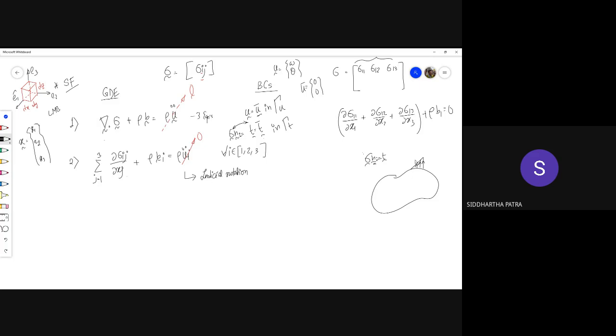It has nothing to do with coordinates inside the volume. It only depends on the coordinate on the boundary, because it is being applied at the boundary.